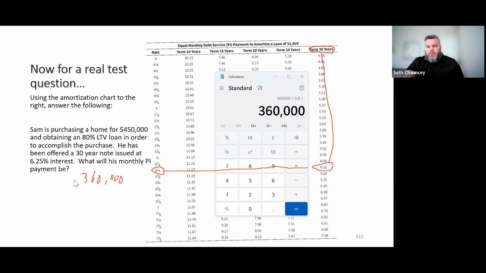And here's the thing, the 30-year and 6.25% are used only to find that factor. You do not need to do anything else with that interest number because it's already accounted for in that number. So 360,000 divided by 1,000 times your factor of 6.16 is 2217.60.